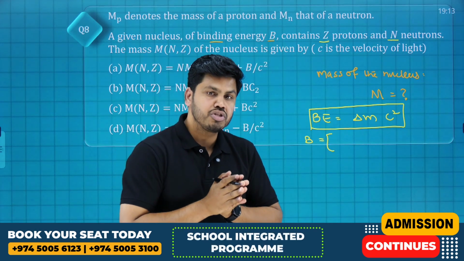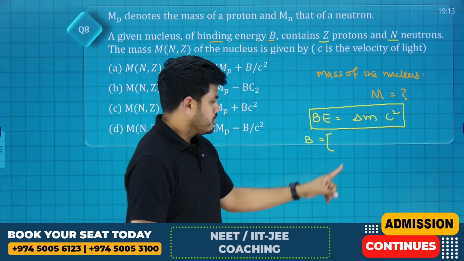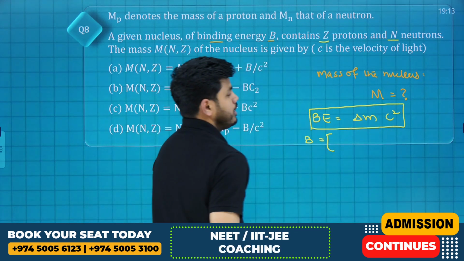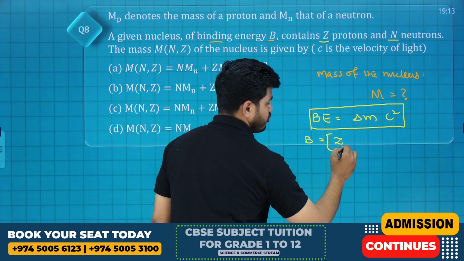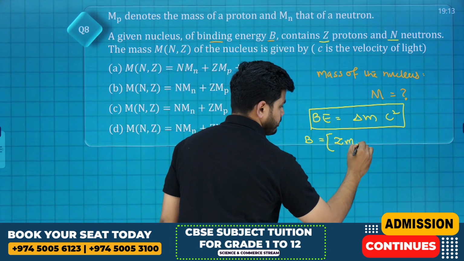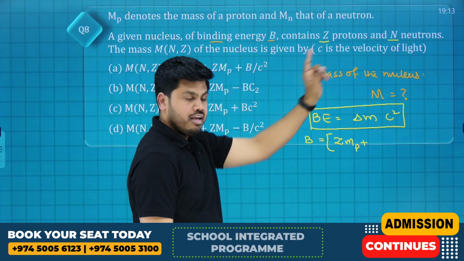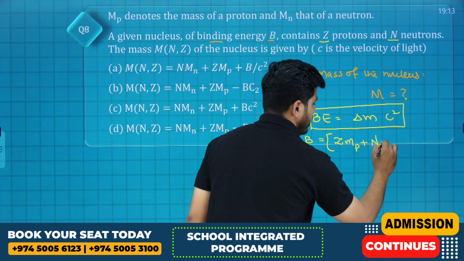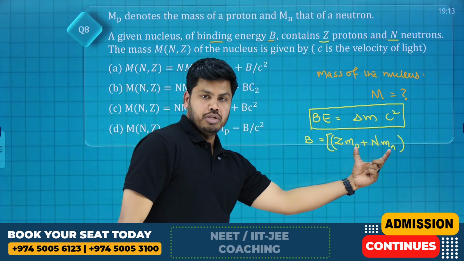Total mass of the constituent particles will always be more than the actual mass of the nucleus. So total nucleons give Z protons into mass of proton plus N neutrons into mass of neutron. This is the expected mass of the nucleus.